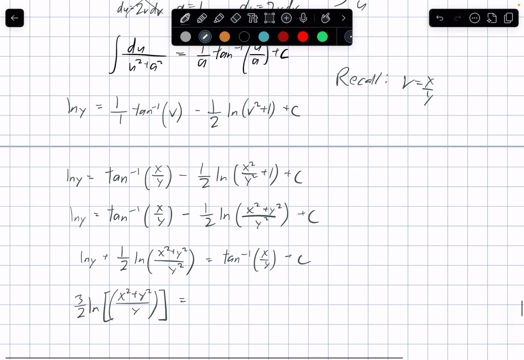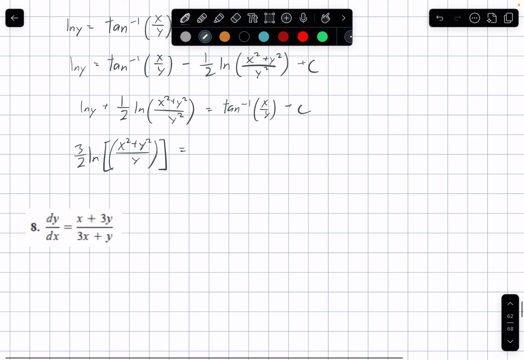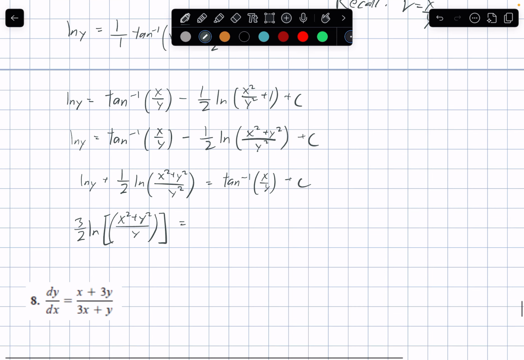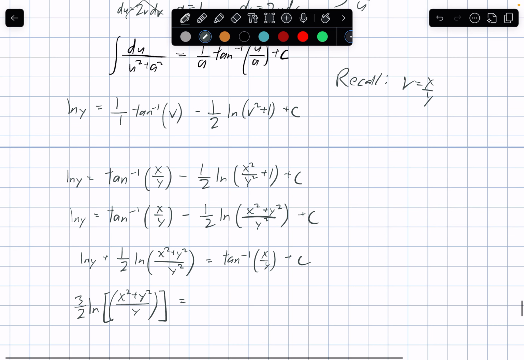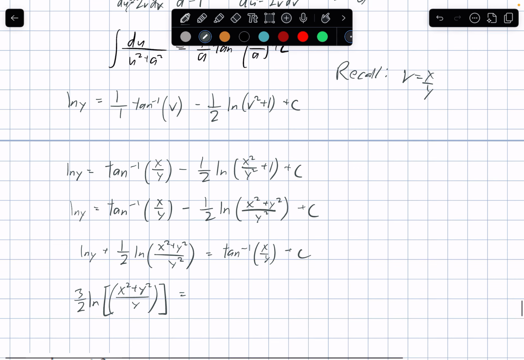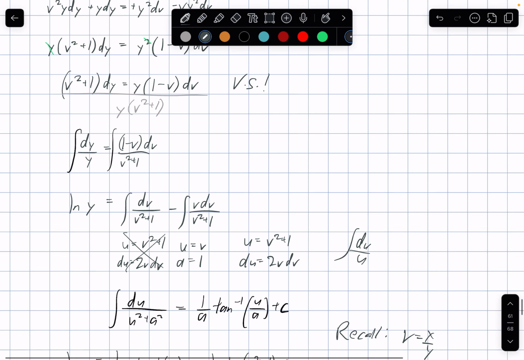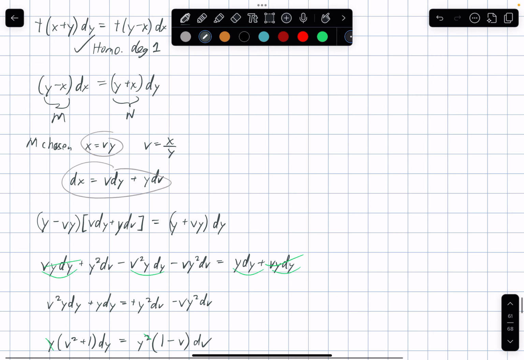Why is it the same? Let's check the solution.